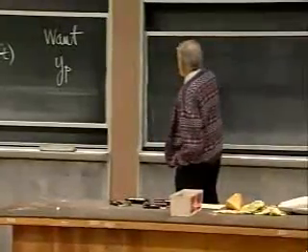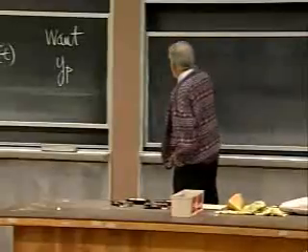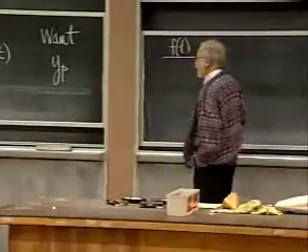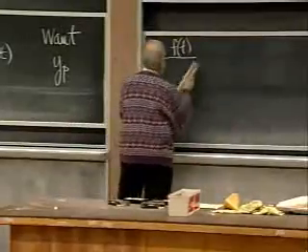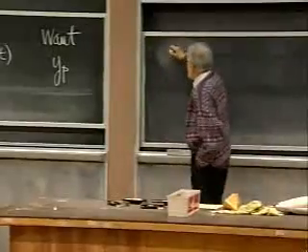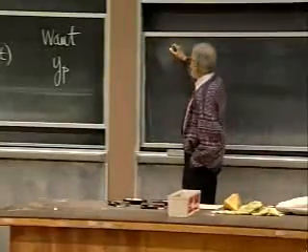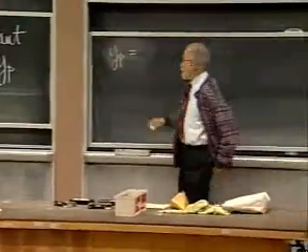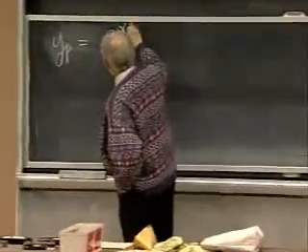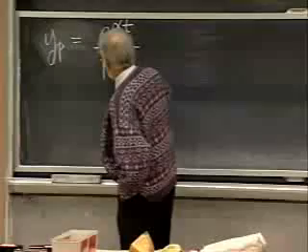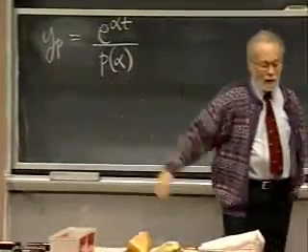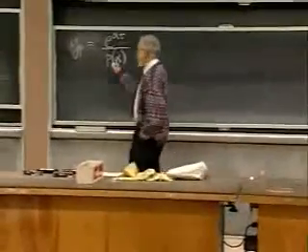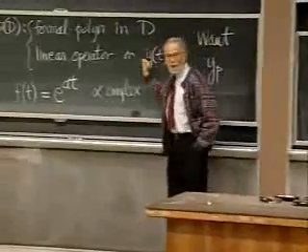The recipe was that if f of t is e to the alpha t, the normal case is y p equals e to the alpha t divided by the polynomial p where you take that polynomial, and wherever you see a D, you substitute the complex number alpha. There I'm thinking of it as a formal polynomial, not as an operator.